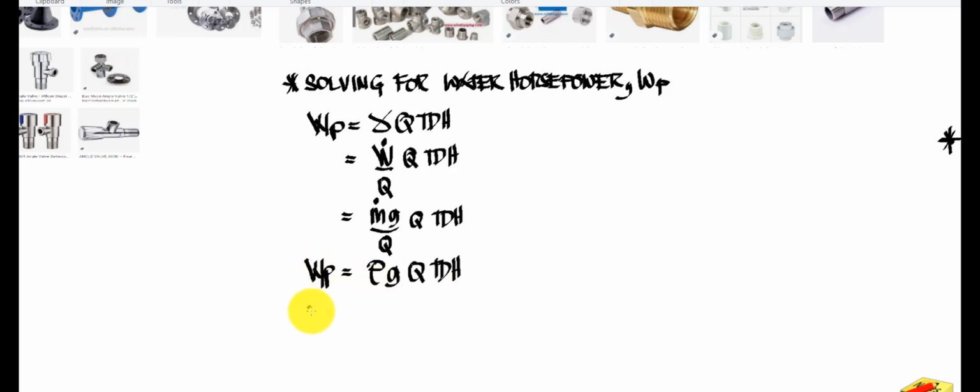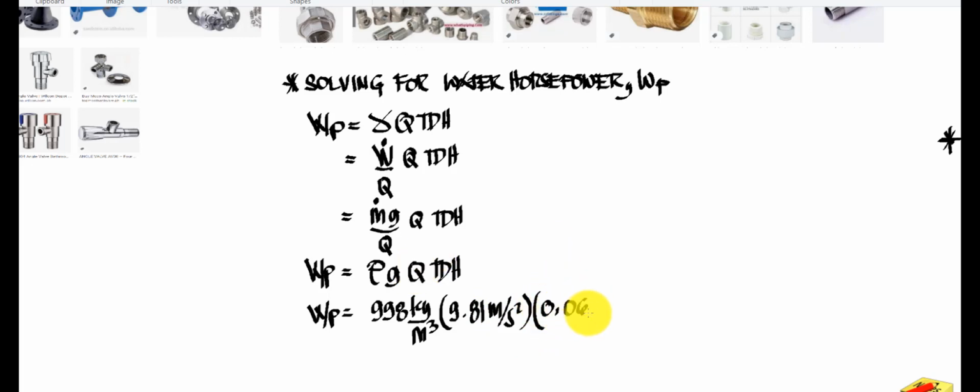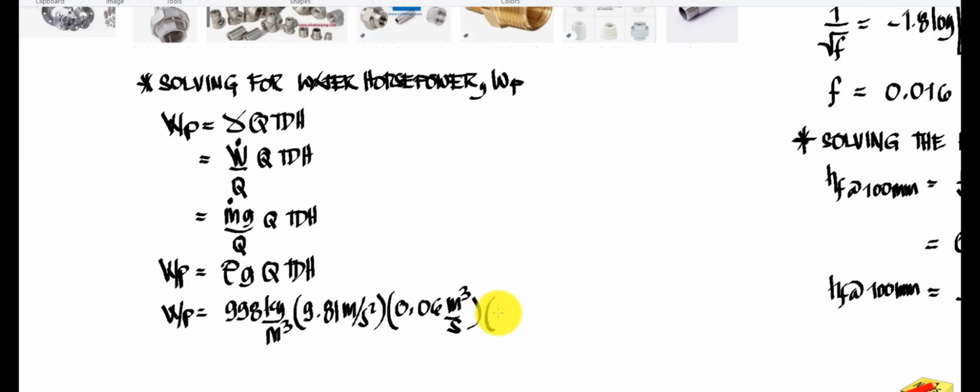Now substituting the values, we have your density, which is 998 kilograms per cubic meter, multiplied by the gravity, 9.81 meters per second squared, multiplied by the volume flow rate, which is 0.06 cubic meter per second, then the total dynamic head, which is equal to 95 meters.